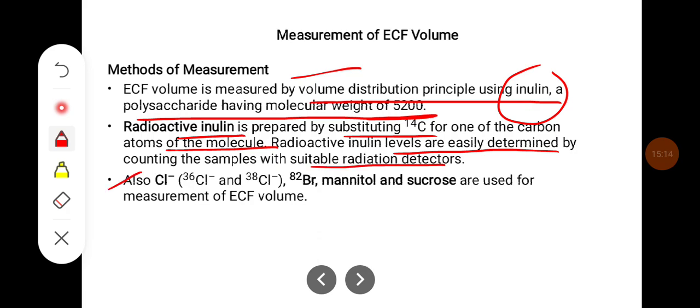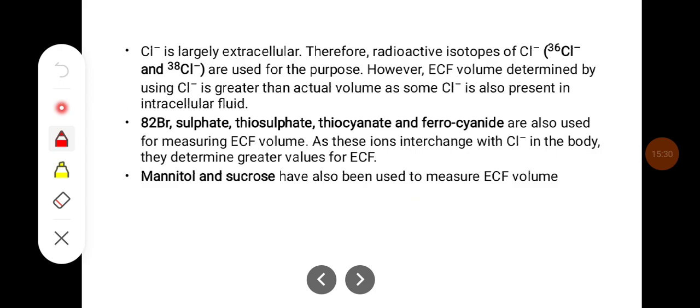Chloride 36/38, bromide 82, mannitol, and sucrose are also used for measurement of ECF volume, because these substances are distributed only in the extracellular fluid. Chloride is largely extracellular, therefore radioactive isotopes of chloride are used for the purpose.